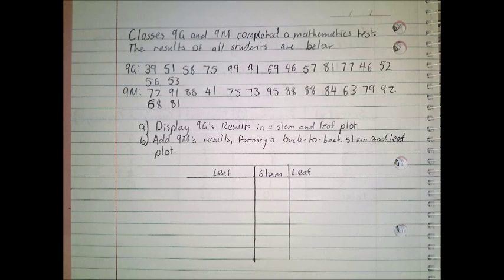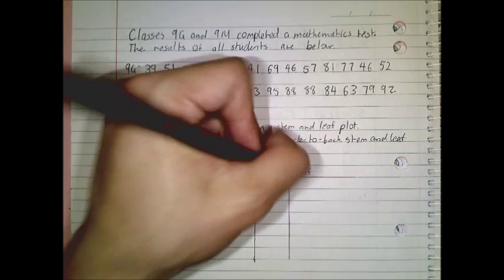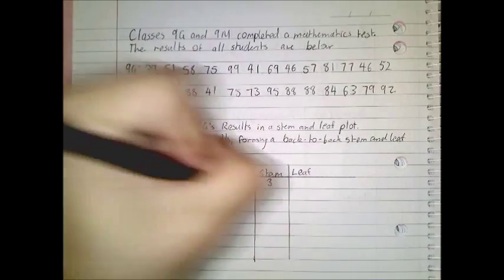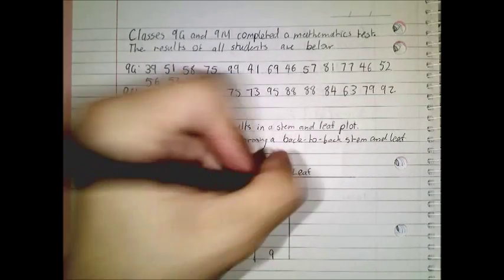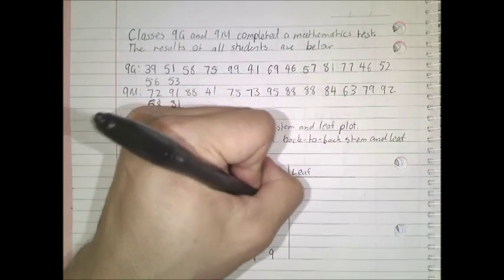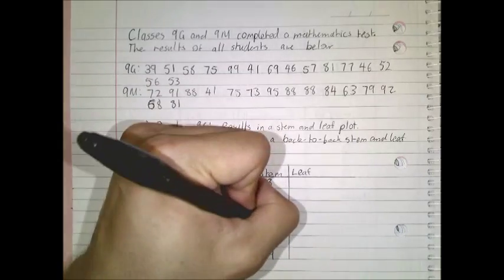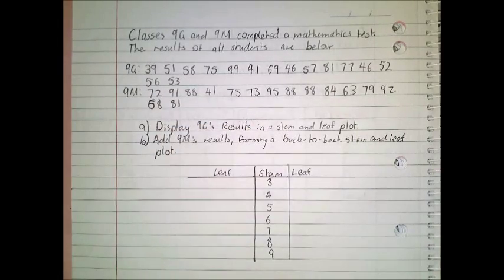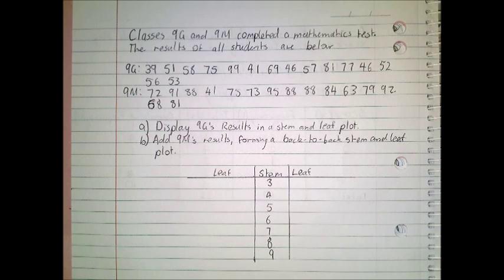So that includes tens, hundreds, thousands, etc. So in this situation, we have entries that range from the 30s to the 90s. So our stem will start at 3 and end in 9, and we include all of the values in between. For our leaf, we have to account for every entry that is included above.